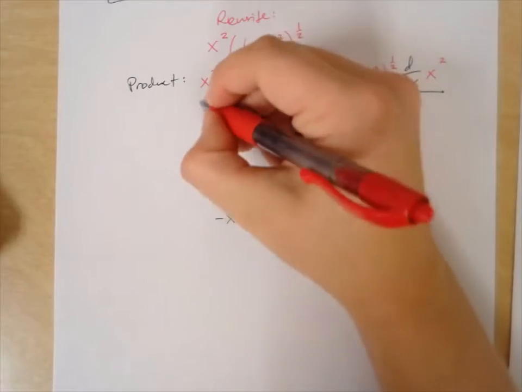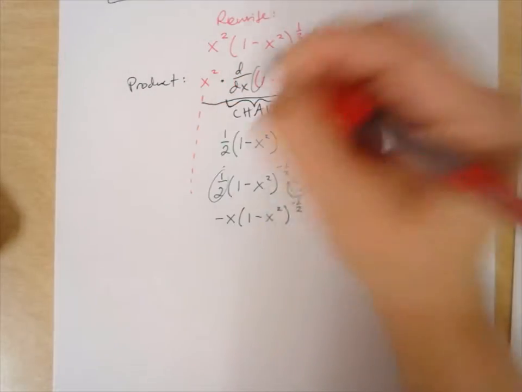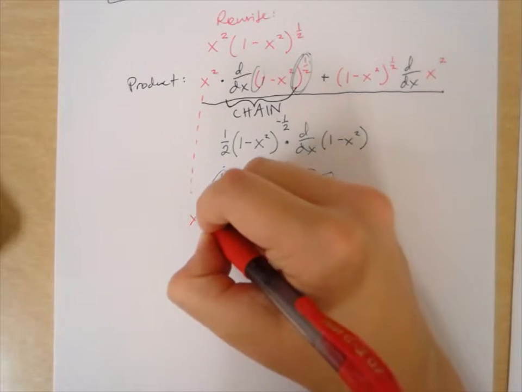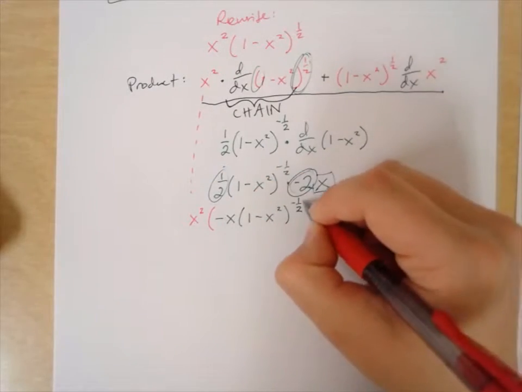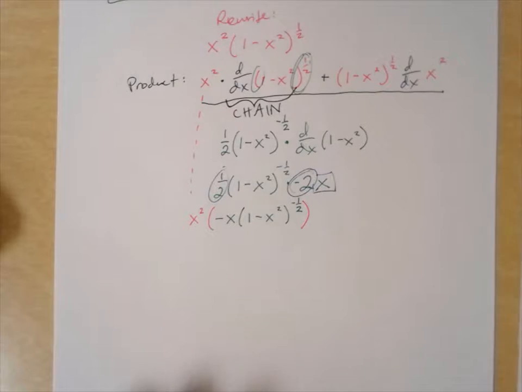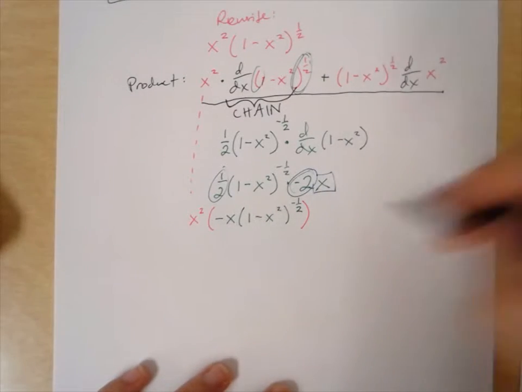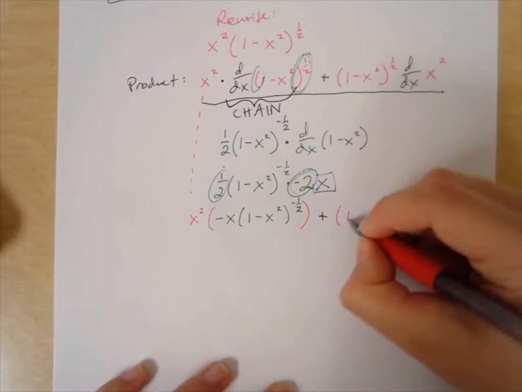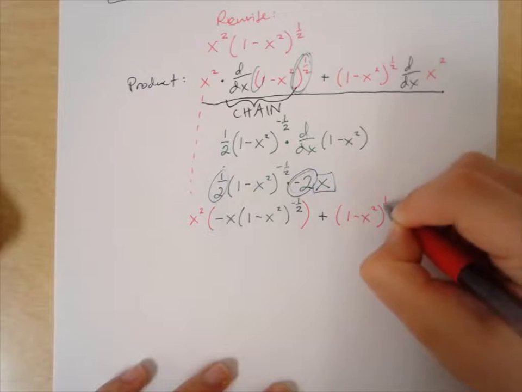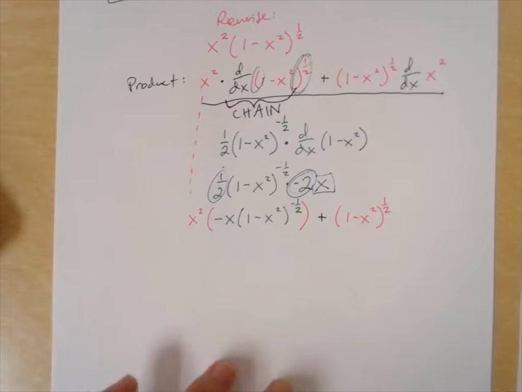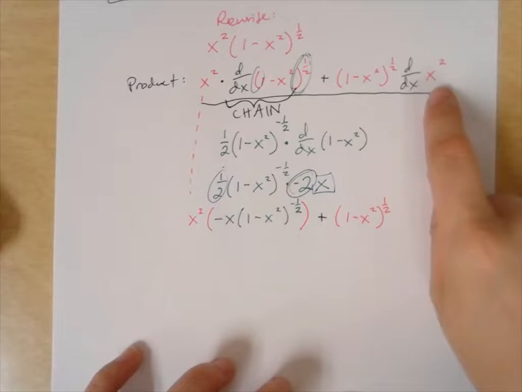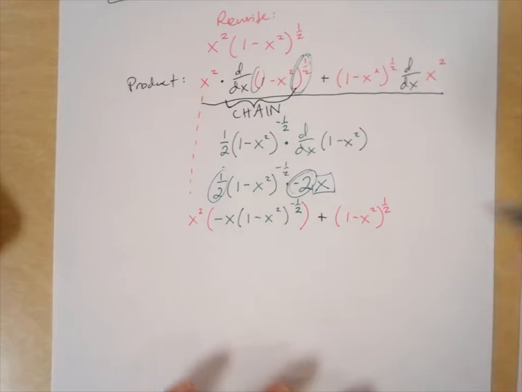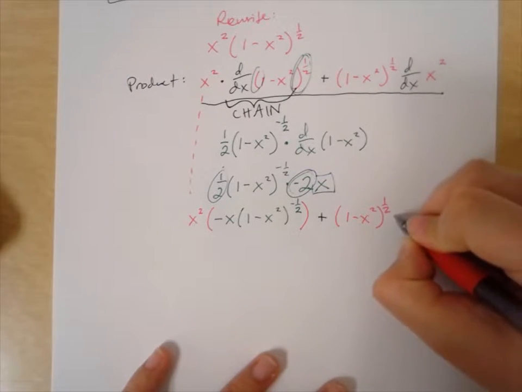So remember, we still had x squared times this whole thing, and we still had plus this 1 minus x squared to the 1/2, and we still have a derivative of x squared, which is going to end up being 2x.